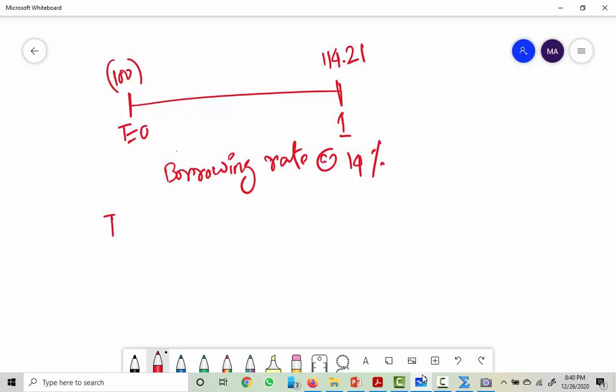We can calculate NPV first before we calculate IRR. So we calculate NPV at the 14% rate.